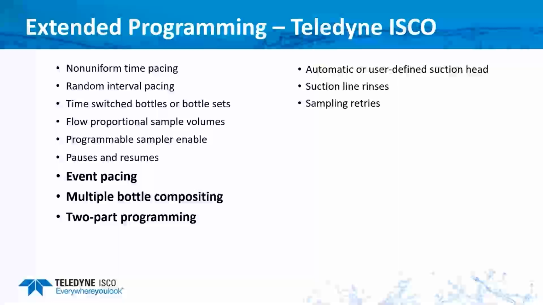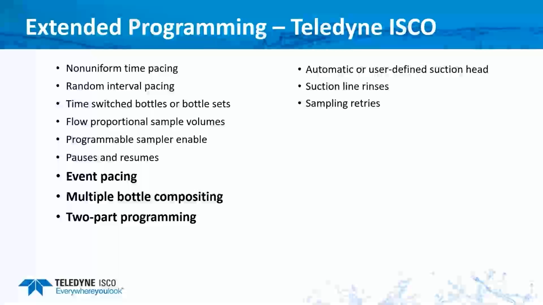When we're in extended programming, we have a variety of pacing options and other programming options that we can program into the sampler. In addition to uniform time, where we collect a sample every 15 minutes, we can program a non-uniform time pacing, where we can have various intervals between samples.